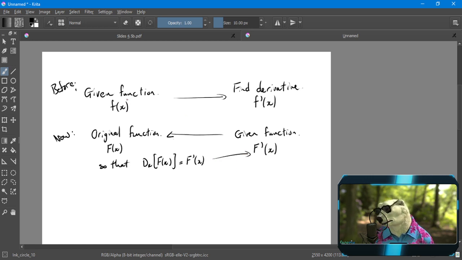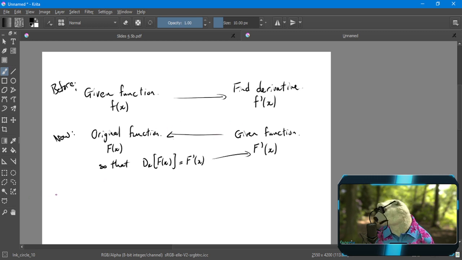So before we were given a function, we take the derivative, we find the derivative, and we do stuff with that. Now we're going to be given the derivative, a function that is the answer to the derivative question. We have to find what was the original function that it came from, so that when I take the derivative of the original function, I get this given function. So it's the same link between function and its derivative, but the starting point is flipped around.